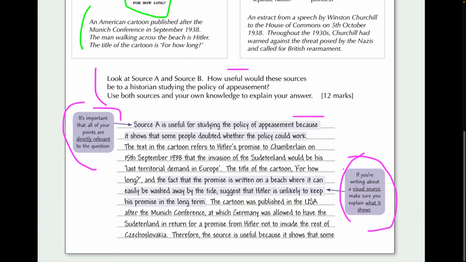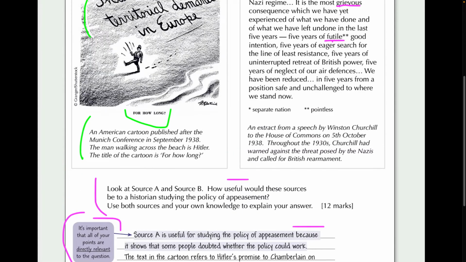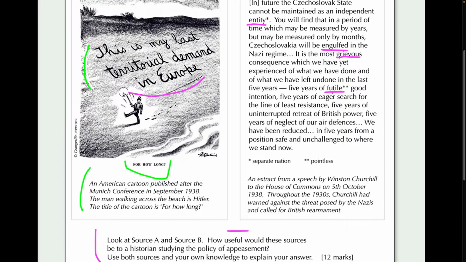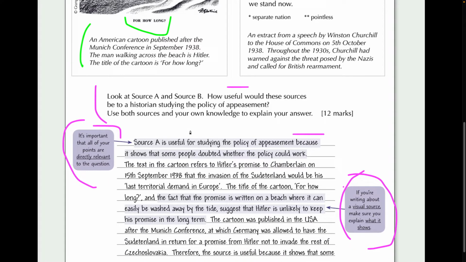Okay, so if you're writing about a visual source, make sure you explain what it shows. So he made a comment about here, right? There is something written in the sand, on the sand actually. We can see it over the sand. So he made a comparison. The fact that the promise is written on a beach where it can easily be washed away by the tide, by the water, suggests that Hitler is unlikely to keep his promise in the long term.